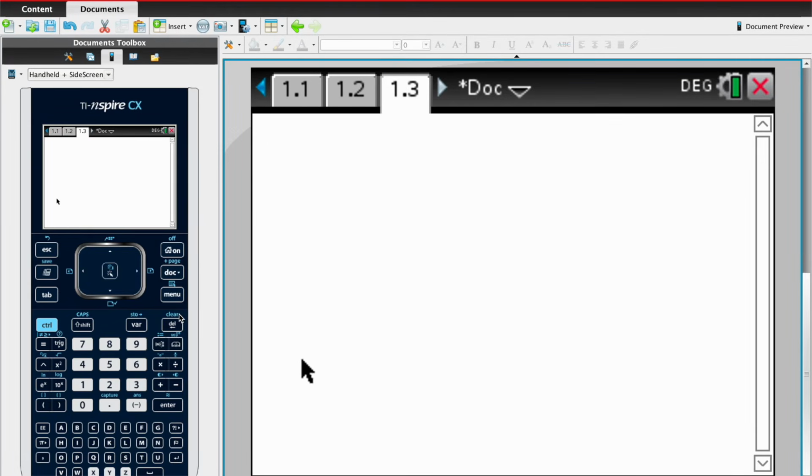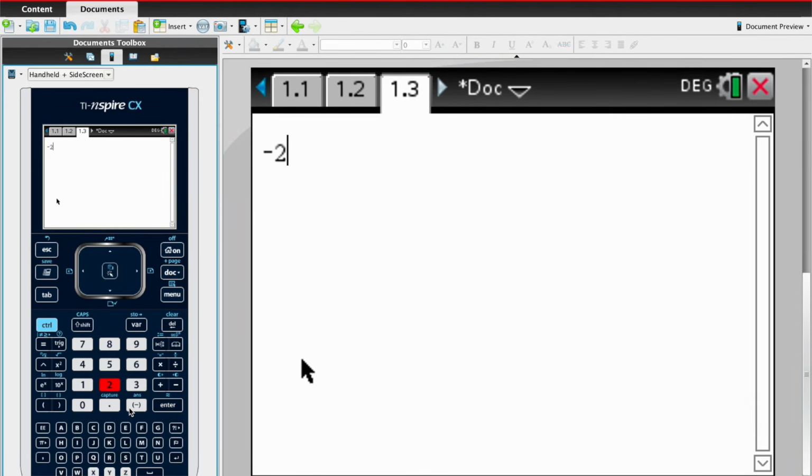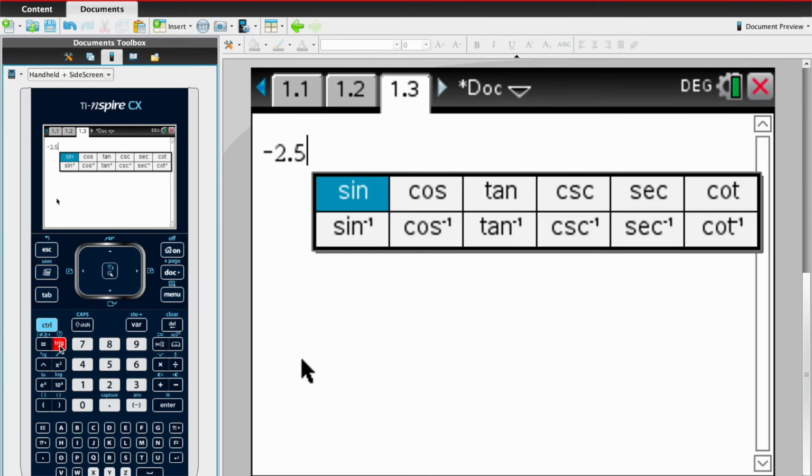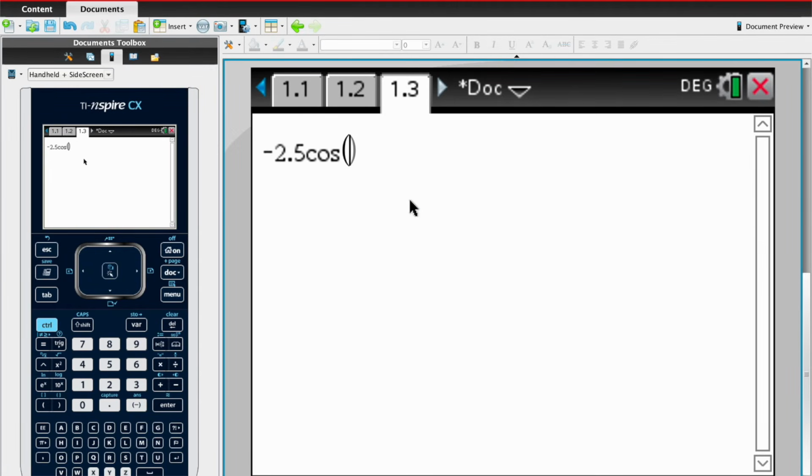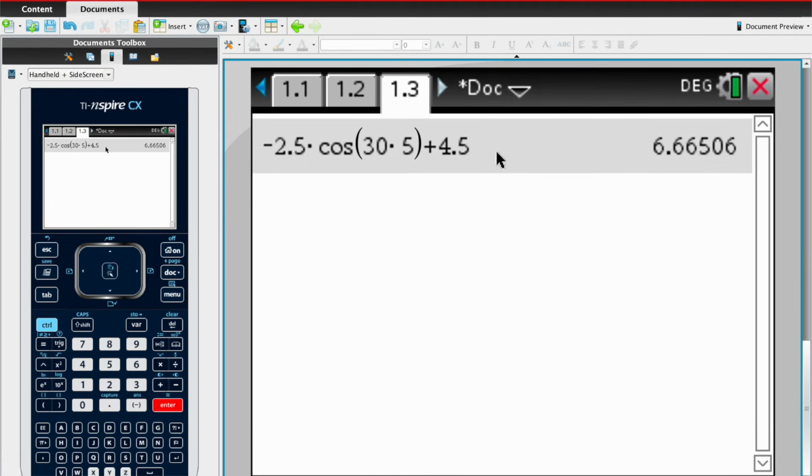So we have negative 2.5 multiplied by cos 30 times 5 plus 4.5. Make sure you're in degrees. And here we go. So the height at 5 hours is 6.66506. So let's go back to the document and work this out.